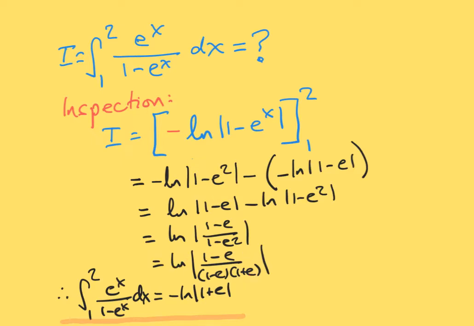So that's the log of 1 plus e all to the minus 1. We can take that power outside. So what we see is that our integral is negative because the log of 1 plus e is positive. Log of 1 is 0. Anything greater than 1, you get a positive result. So the integral is negative.